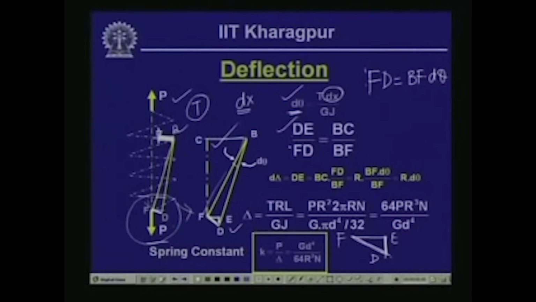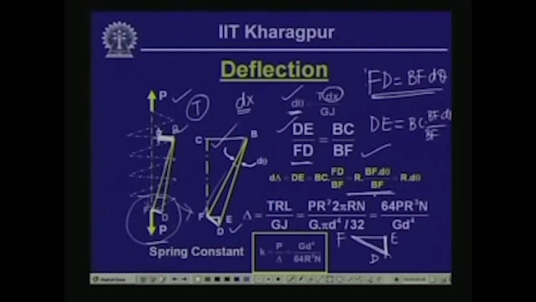This is what is indicated here. As we have seen, FD is equal to BF times d theta, so DE is equal to BC times FD by BF, which is BF d theta by BF.